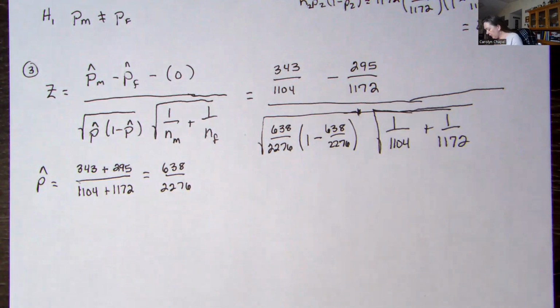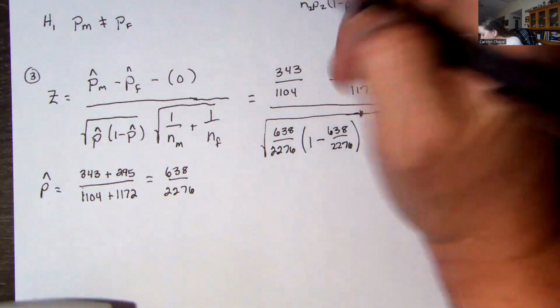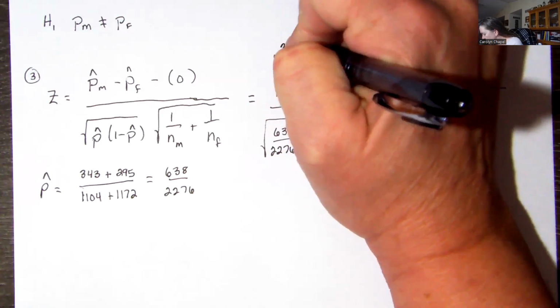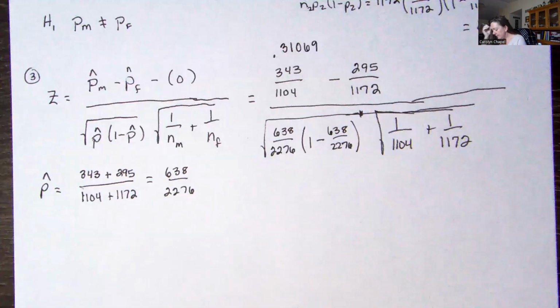So I'm going to take that 343 divided by my 1104. That gives me a decimal of 0.31069, just going to 5 digits. The more digits you carry, the more accurate you're going to be.